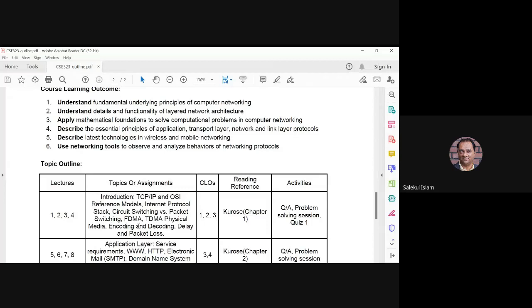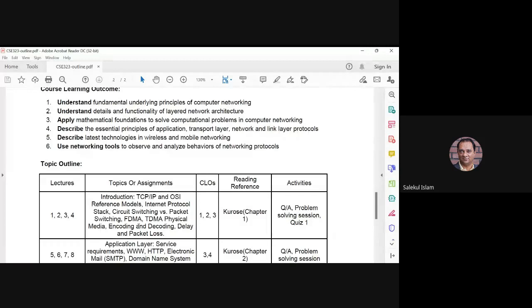So at the end of this course, my expectation will be you should be able to understand how you are sending an email from your machine to your friend, or how you can browse using any browser.